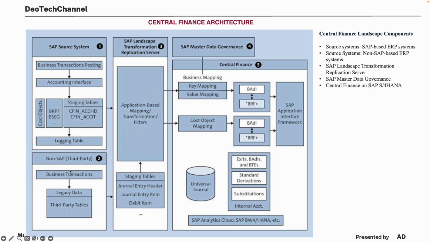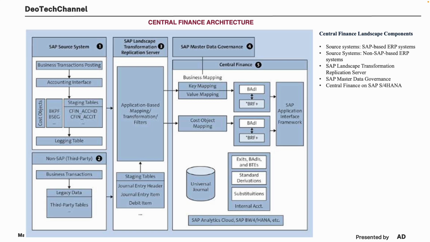In case of non-SAP transactions, data is stored in the staging tables, for example, general entry header, line item, debit items, credit items, some tax items. These are the staging tables where information received from third party systems is stored first, and then application based mapping and transformation logic is applied to that data before it goes to the central finance.